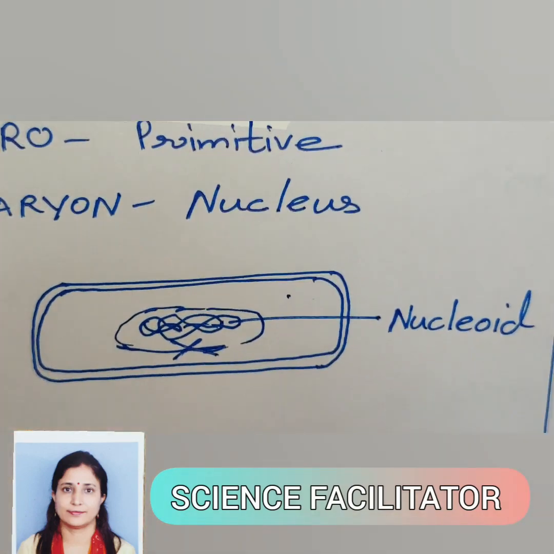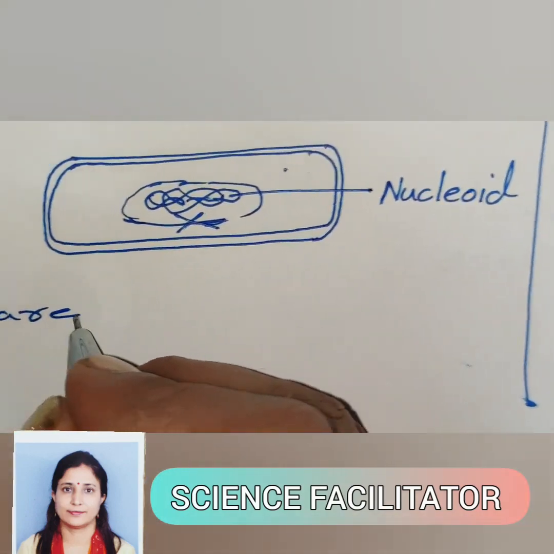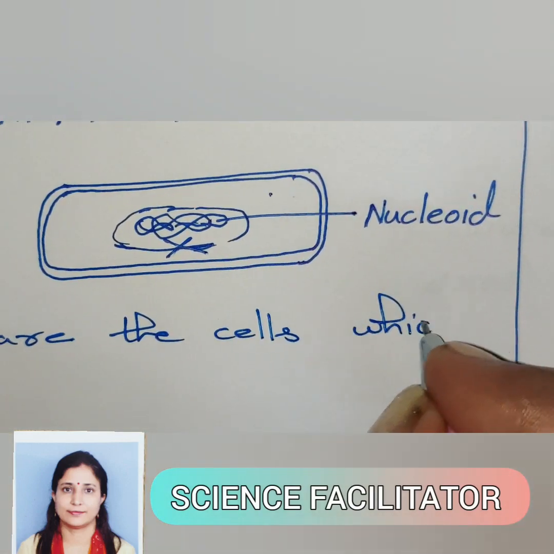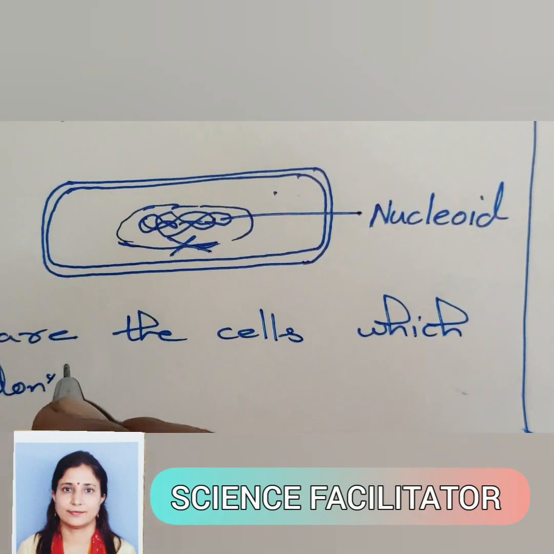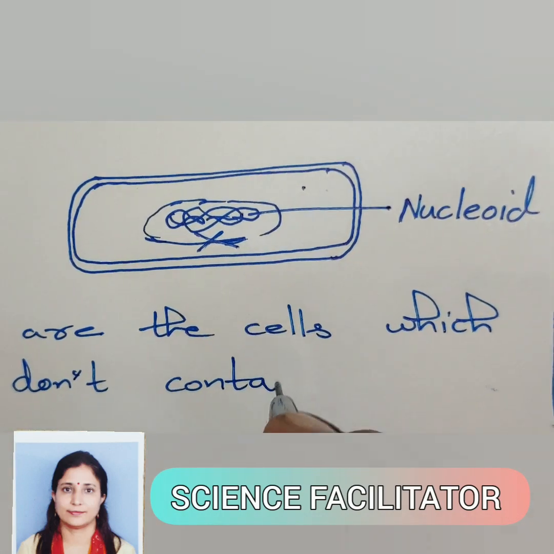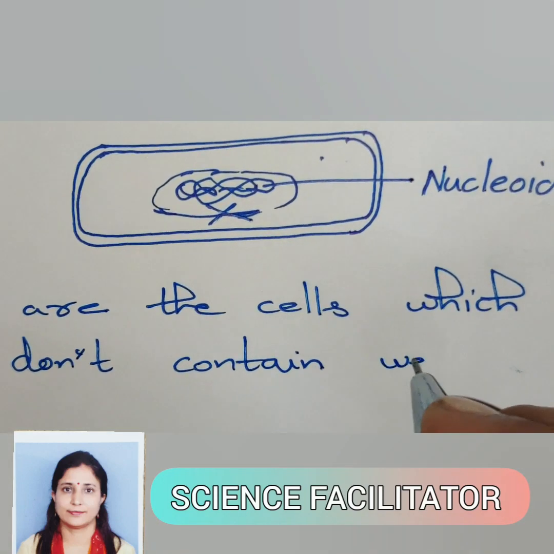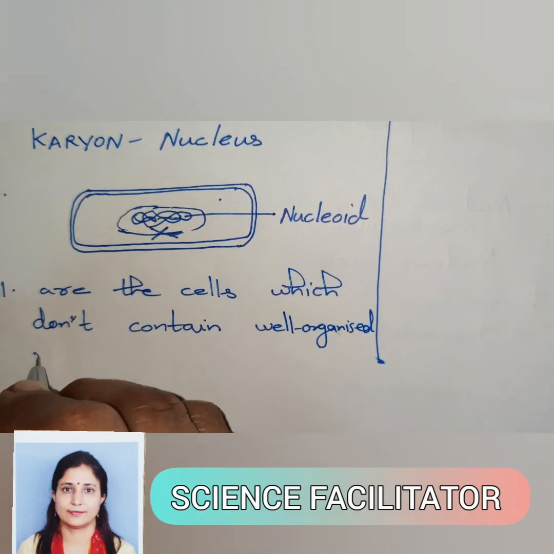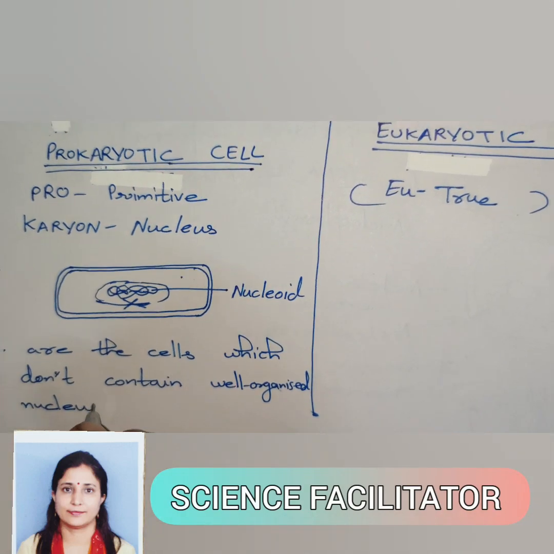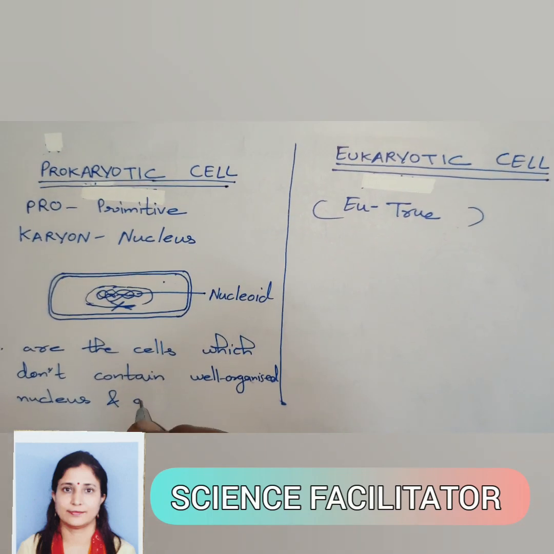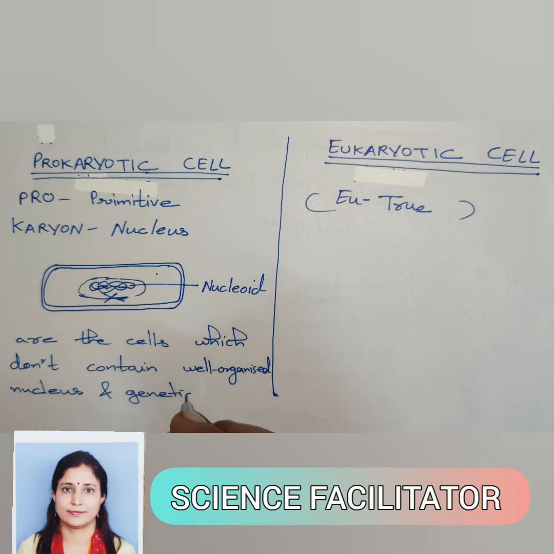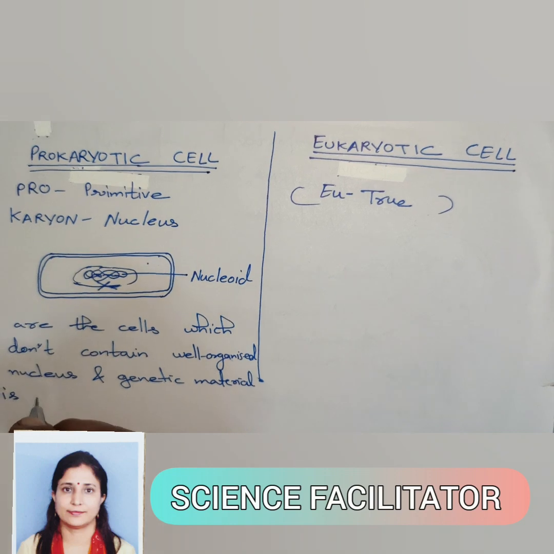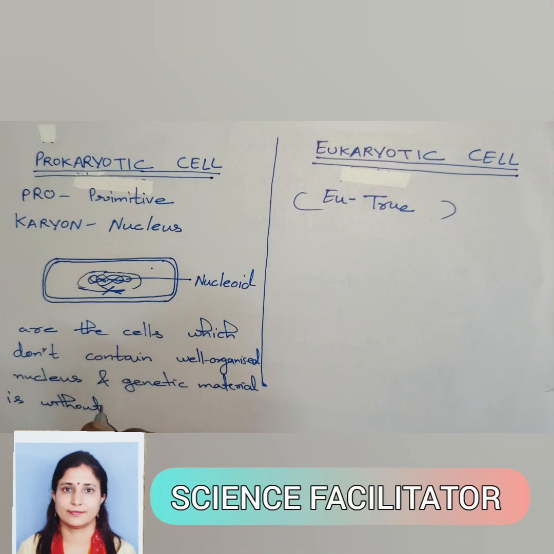So what are prokaryotic cells? We can say these are the cells which do not contain a well-organized nucleus, and the genetic material is without any membrane, without nuclear membrane.